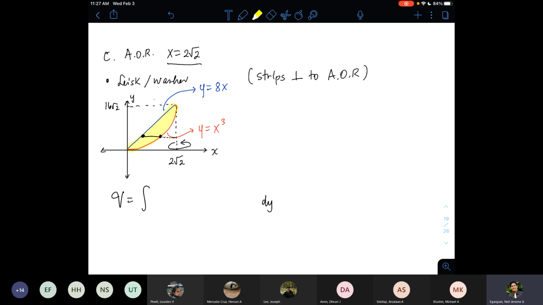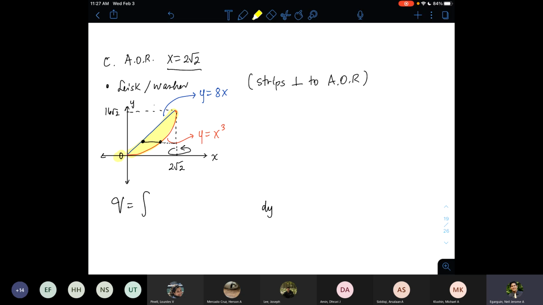Look at the figure: what is the starting y value and the ending y value? The region started at y equals 0 and ended at y equals 16 root 2. So we get 0 as the lower bound and 16 root 2 as the upper bound.